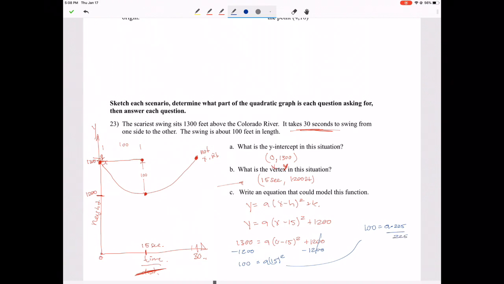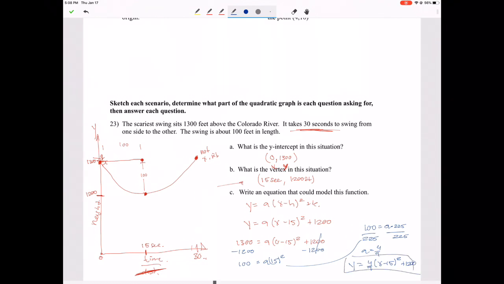Divide both sides by that. You could simplify that. I like to put it in my calculator and change it to a fraction. a equals 4/9. So your final equation would be y equals 4/9(x minus 15) squared plus 1,200.